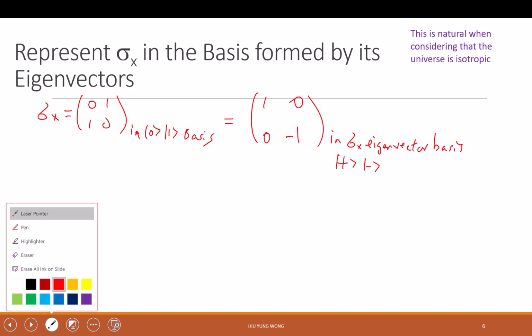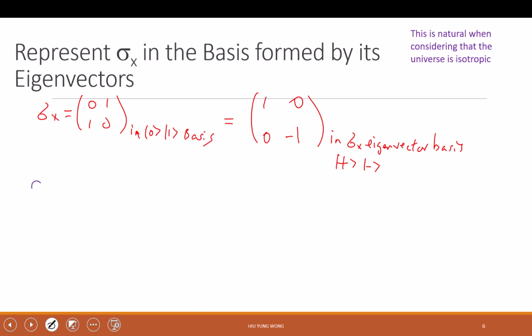And let me just save the time. I ask you to check what I'm saying by working in the sigma x eigenvector basis.